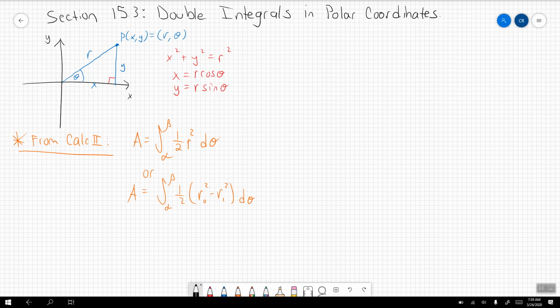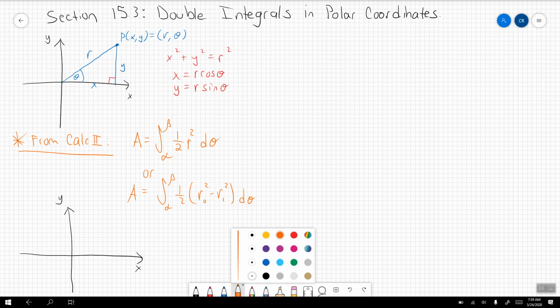And I'll give you a very quick depiction as to what that looks like. Some x coordinate, some y coordinate here. Now I'm going to bound my function. Let's say this was some function, call it r naught, initial radii.